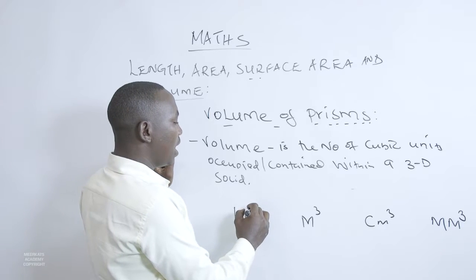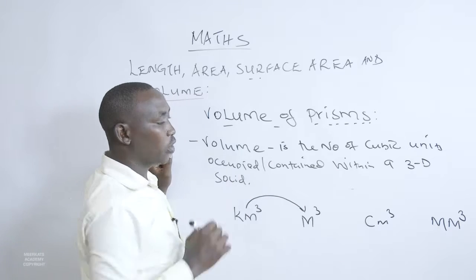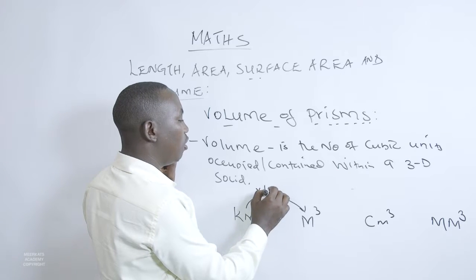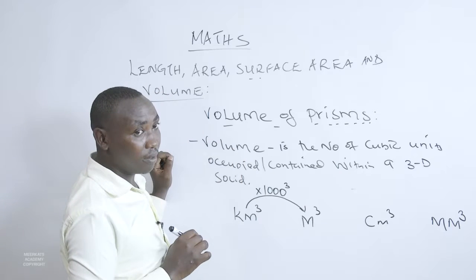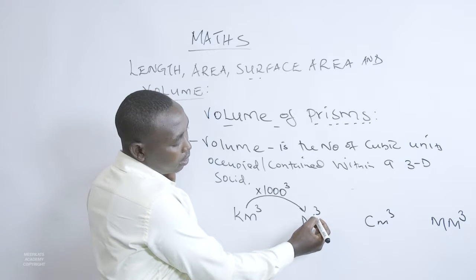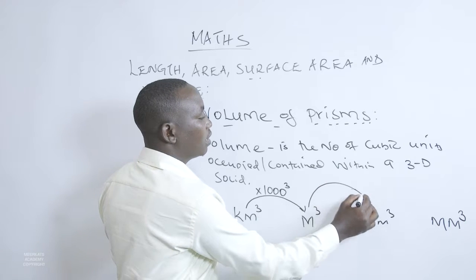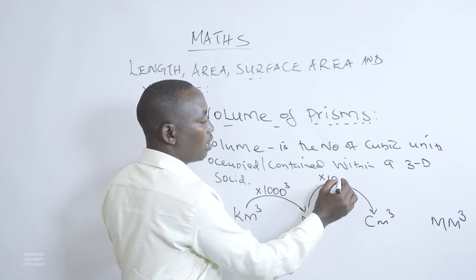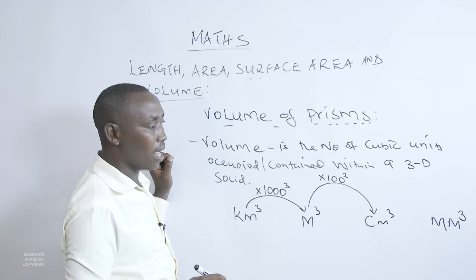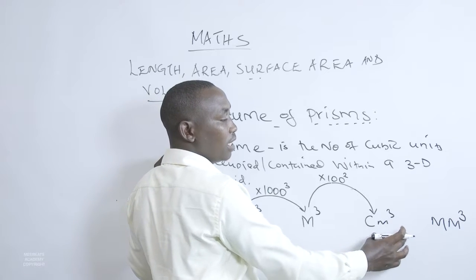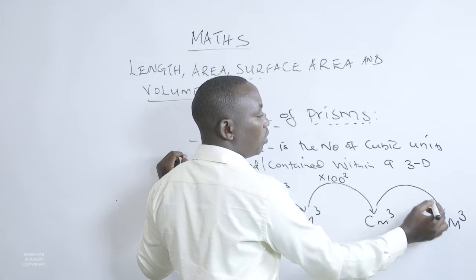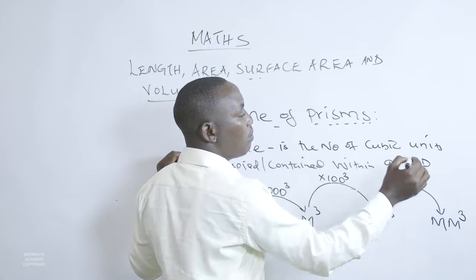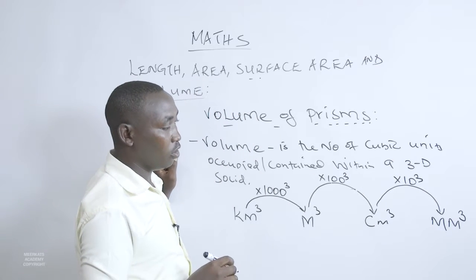Now from cubic kilometers to cubic meters, we are supposed to multiply by the cube of 1000. From cubic meters to cubic centimeters, we multiply by the cube of 100. And again, from cubic centimeters to cubic millimeters, we multiply by the cube of 10, or 10 cubed.